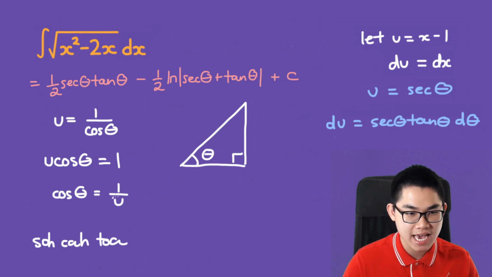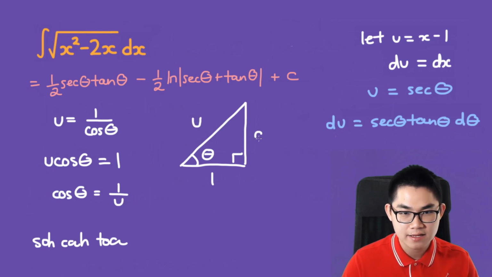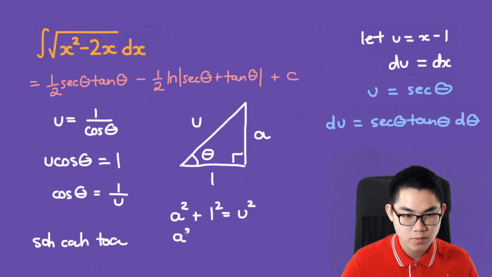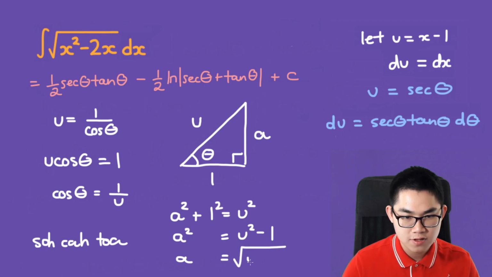So the adjacent side is 1, and the hypotenuse is u. We need to find this side. So let's call this side a. According to the Pythagorean theorem, a squared plus 1 squared is equal to u squared. So a squared is u squared minus 1, and a is the square root of u squared minus 1.